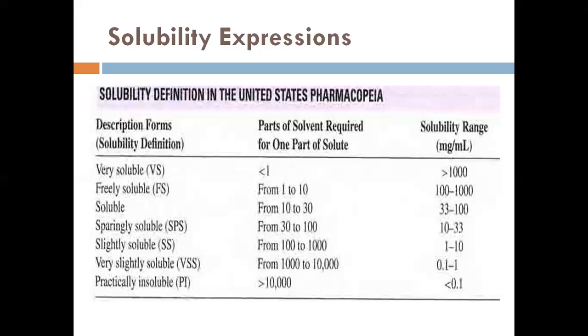Very slightly soluble substance is from 1000 to 10,000 parts of solvent required for 1 part of solute, and its solubility range is 0.1 to 1 mg per ml. Practically insoluble substance is greater than 10,000 parts of solvent required for 1 part of solute, and its solubility range is less than 0.1 mg per ml.